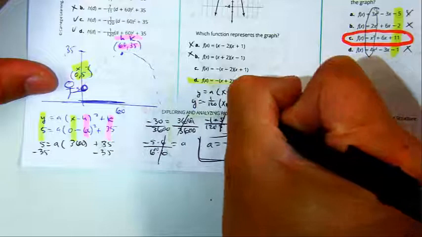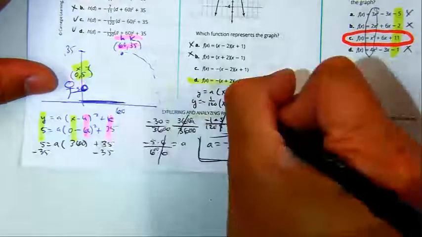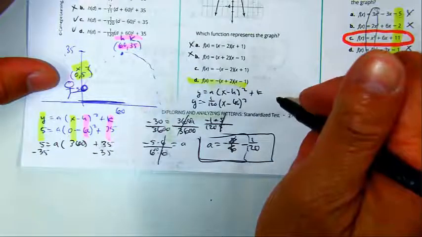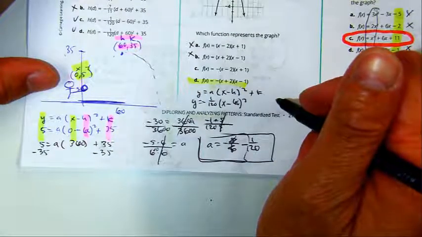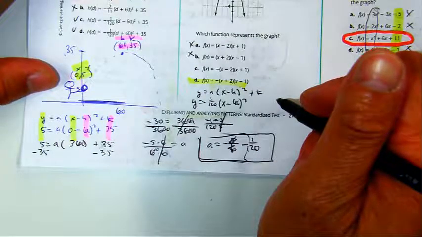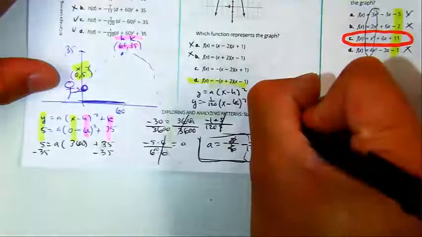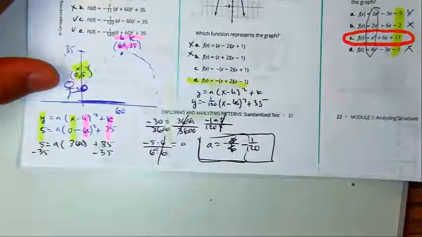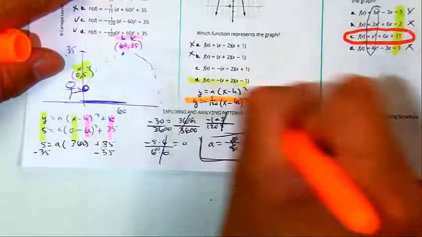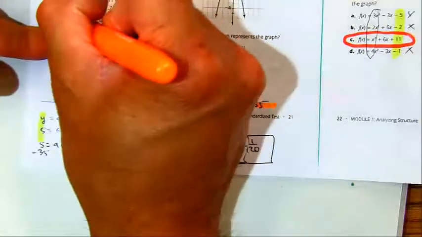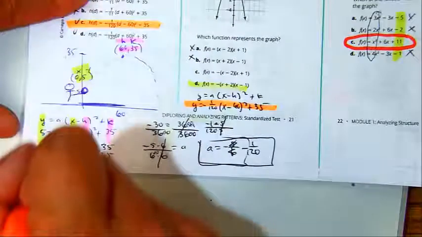Your h value is 60, and your k value is 35. So my formula, this one, would match x minus 60, x plus 35. So that would be choice C. Number 3, the answer is C.